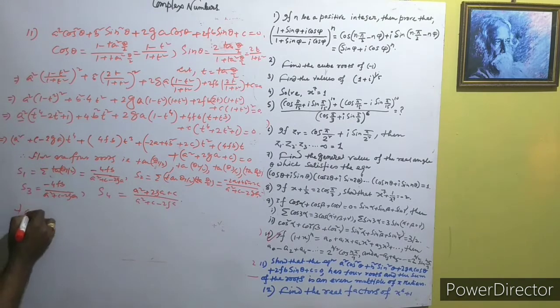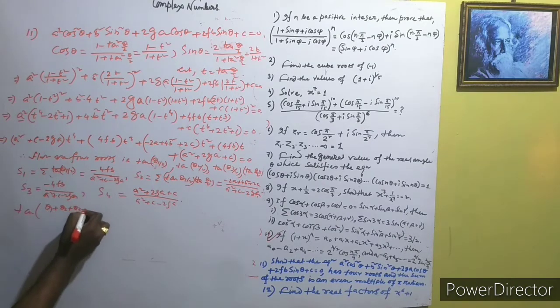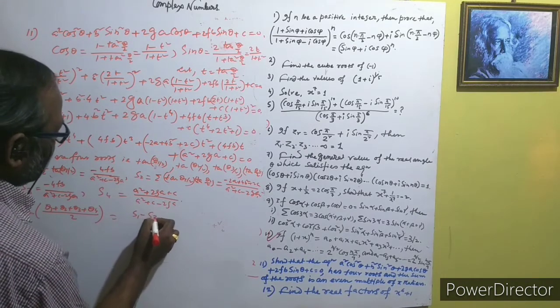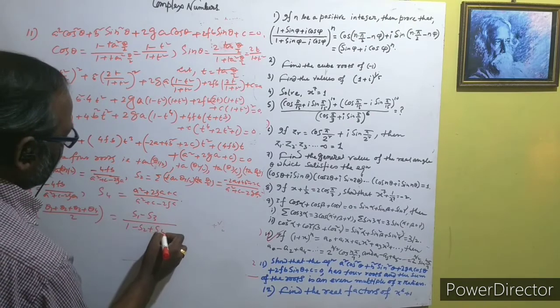Now the formula of tan of theta 1 plus theta 2 plus theta 3 plus theta 4 by 2 is equal to S1 minus S3 by 1 minus S2 plus S4.